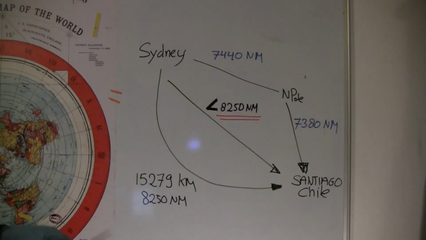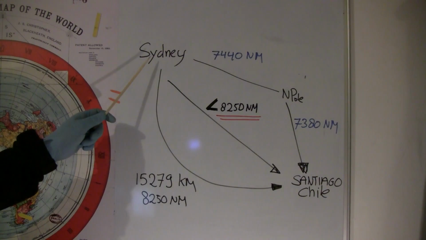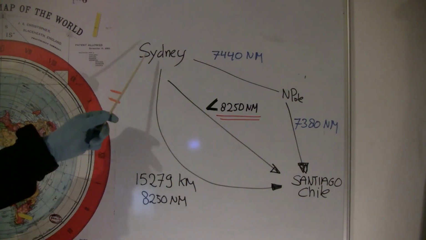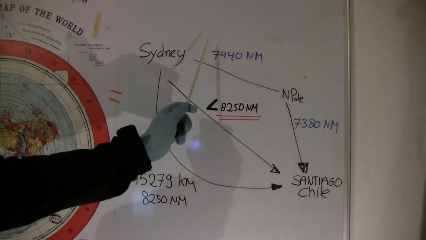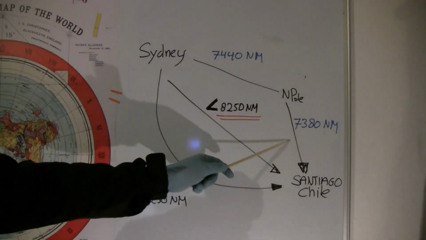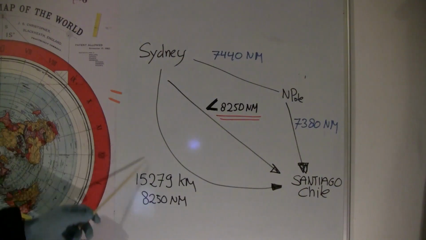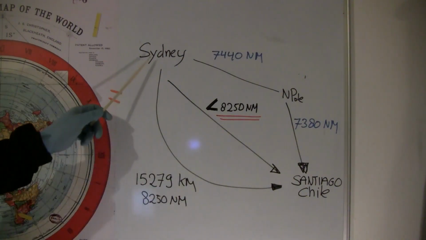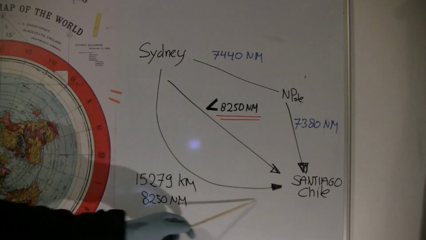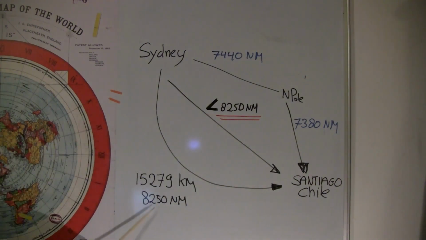These are the distances I calculated using the Gleason's map from Sydney to the North Pole, and from the North Pole to Santiago. This is the distance I calculated to circumnavigate Sydney to Santiago.